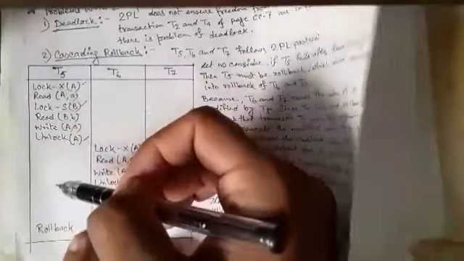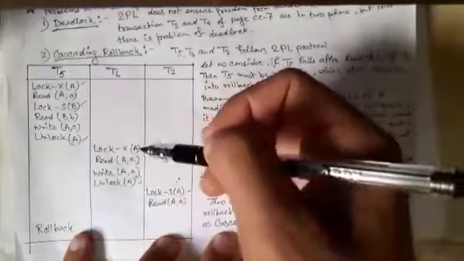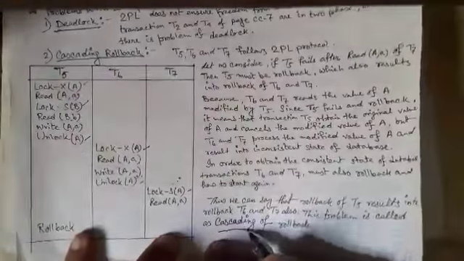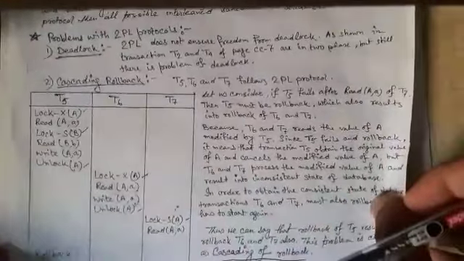One rollback affects another, and that affects another, and this problem is known as cascading rollback. And due to the two-phase locking protocol, this cascading rollback problem is there.